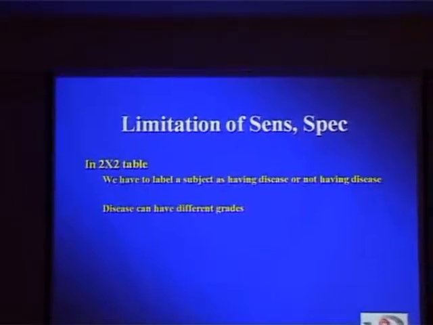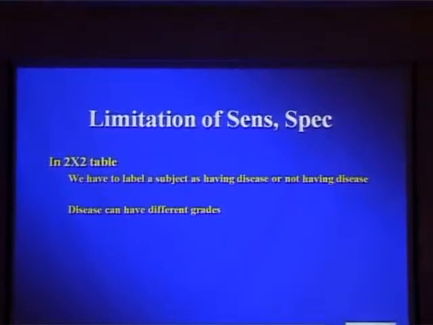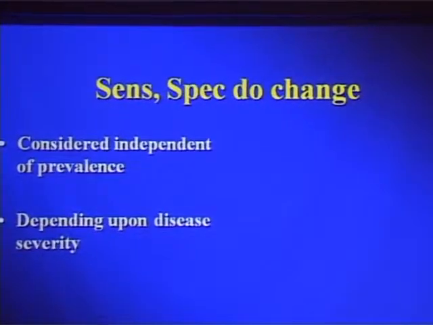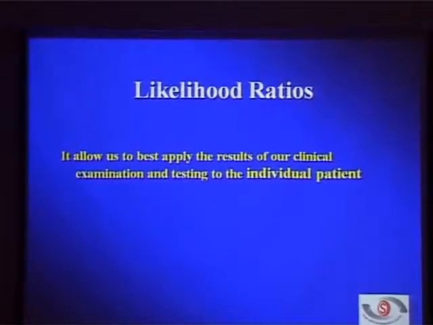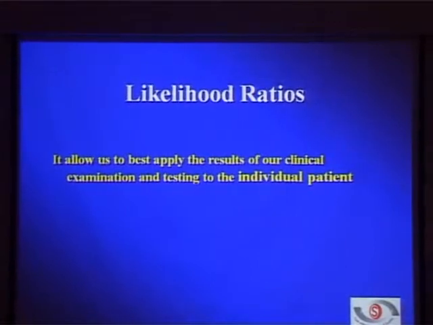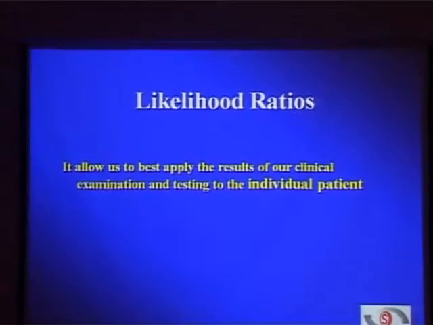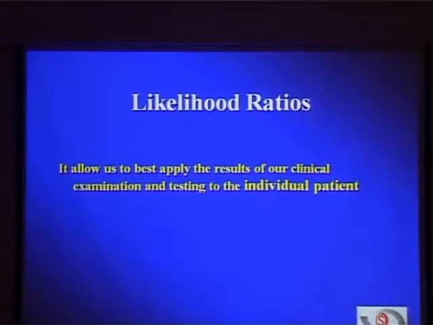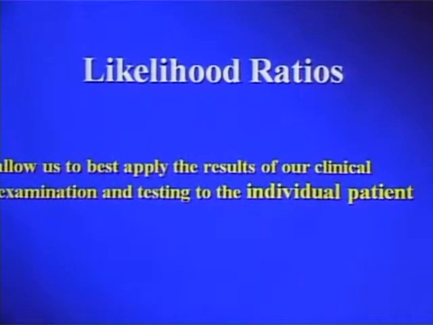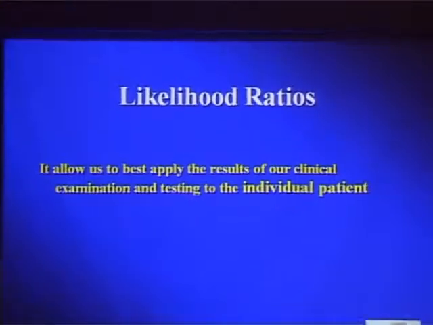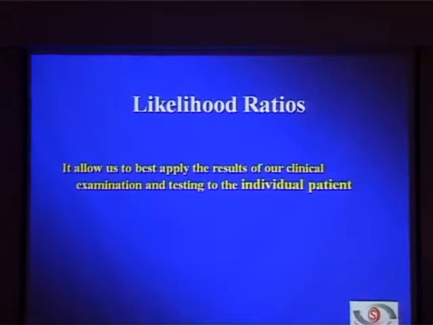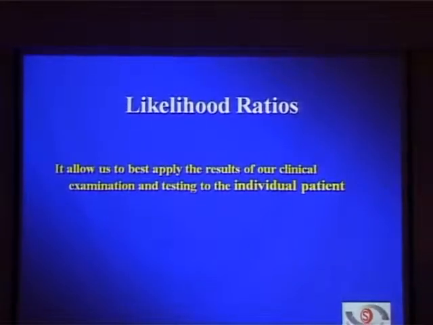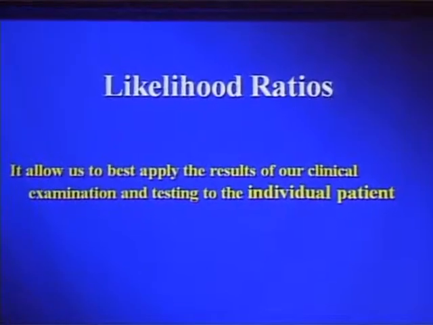If you don't have that, there is a problem. But what we can do is use the likelihood ratio. We use the same data in a more dignified way, not by a 2 by 2 table of yes or no, but in a graded manner, using each individual test along with all the tests, and going one step higher.